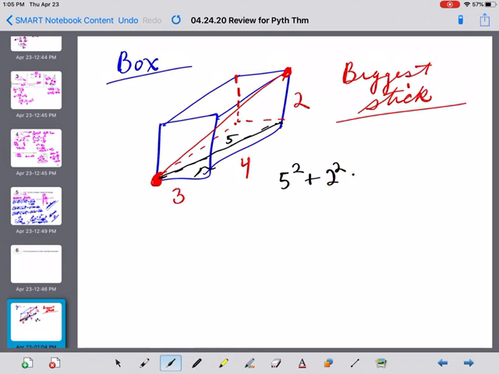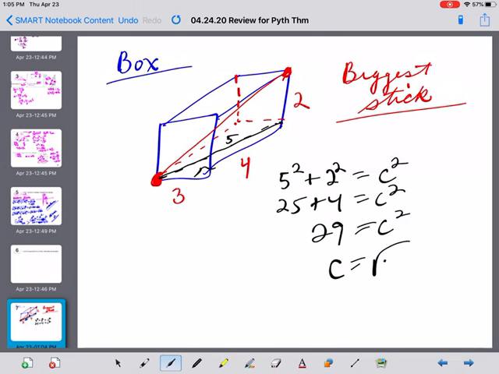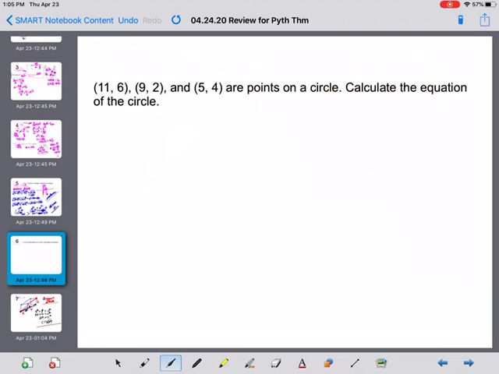So we have 5 and 2. So you have 5 squared plus 2 squared equals c squared. 25 plus 4, c squared equals 29. C equals the square root of 29 inches or whatever units. So that's the biggest stick that could fit in the box. You'll have one of those on the test, so write this down.